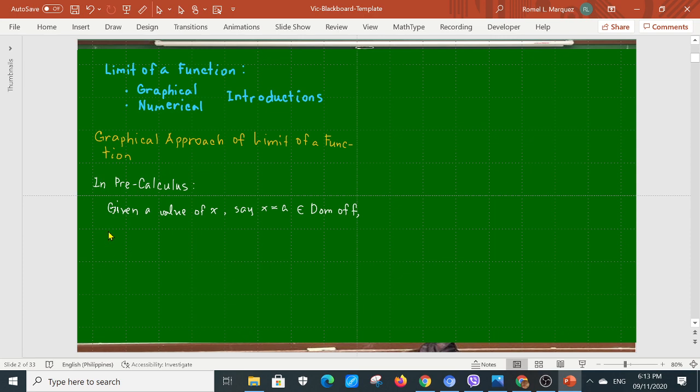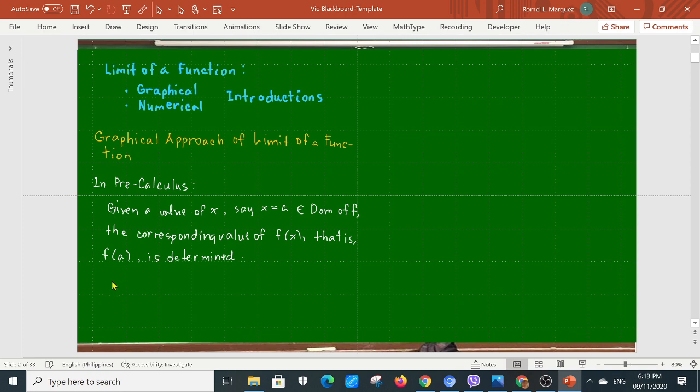The corresponding value of f of x is determined. So we are concerned with f of a. That is what is to be determined, no? So normally that is what we do in the function if you are in pre-calculus.